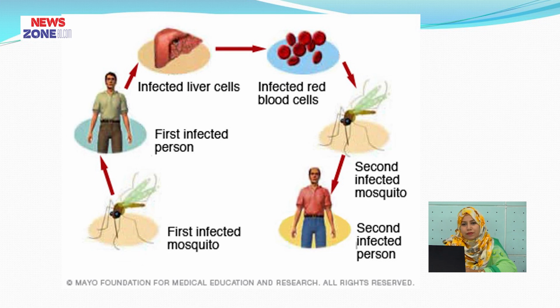Then infected RBCs spread through the whole body, and if a mosquito bites the infected patient, it carries the Plasmodium, and then this mosquito bites a second person, who is also infected. Thus, it is a vector-borne disease from a sick person to a healthy person, and this healthy person becomes infected again.